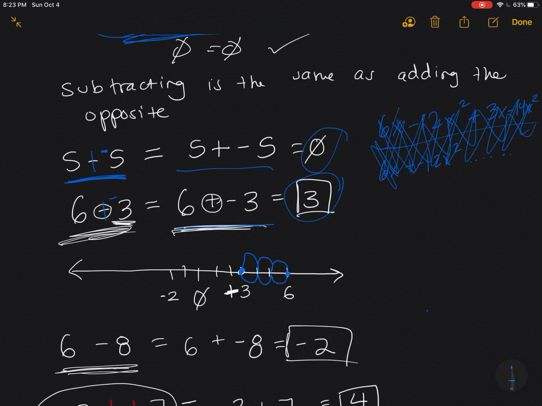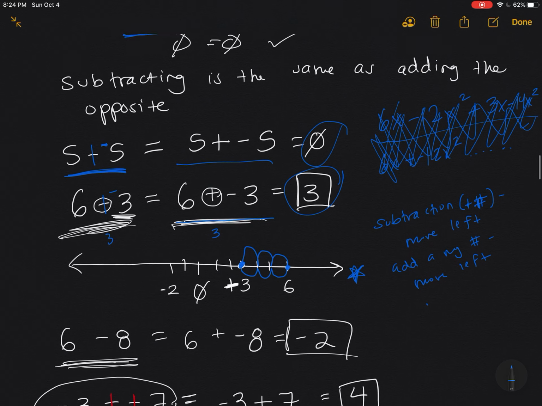So you can see I end up at 3, whether I'm doing this one or that one. So that's how you can see subtraction of a positive number, you move left, add a negative number, you move left. So even using just a number line, you can see that subtracting is the same as adding a negative. Adding the opposite, sorry.